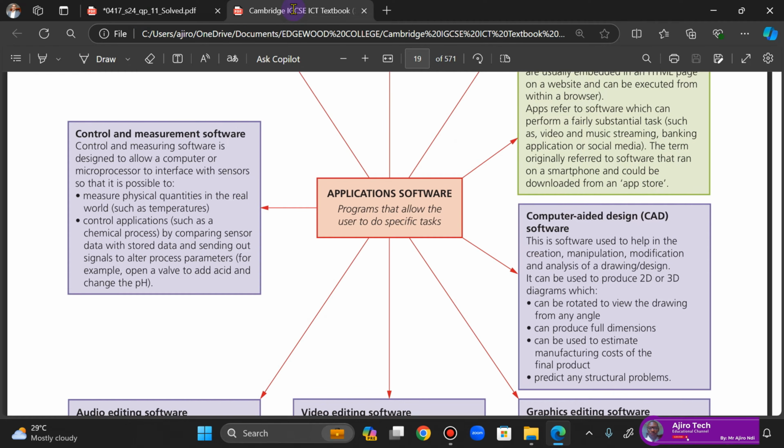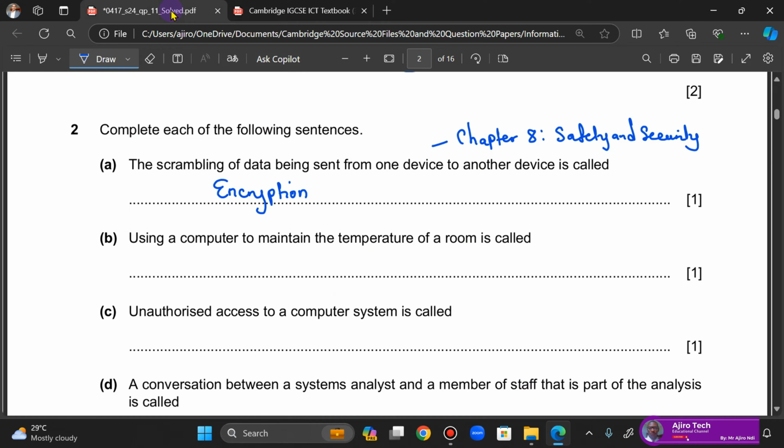You can see that it's designed to allow a computer to interface with sensors such as those used to measure. Temperature is one of the sensors, and we have the pressure sensor and the pH sensor. Please take note of that. So we have the control.